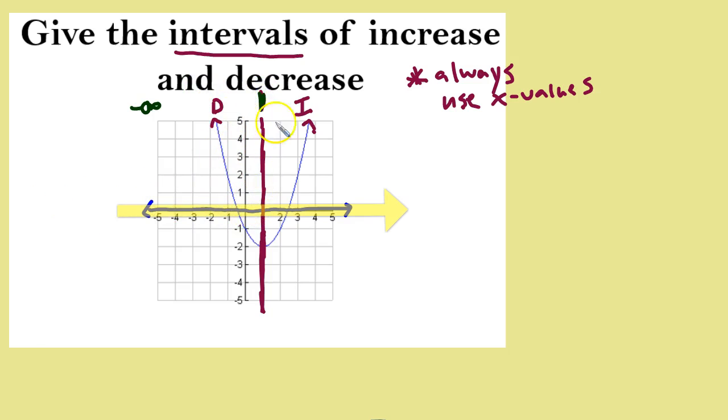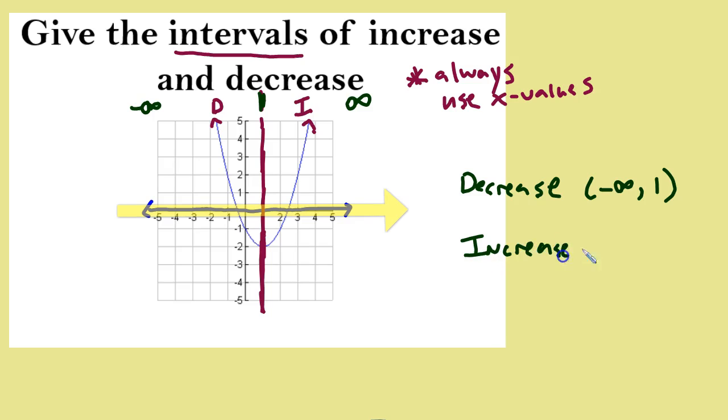And then at +1, it starts to increase to +infinity. So I have an interval of decrease. That interval of decrease is from -infinity to 1. And I have an interval of increase from 1 to infinity.